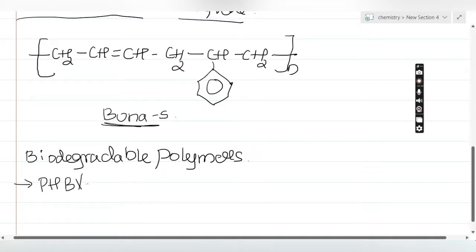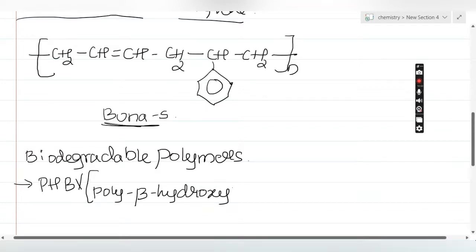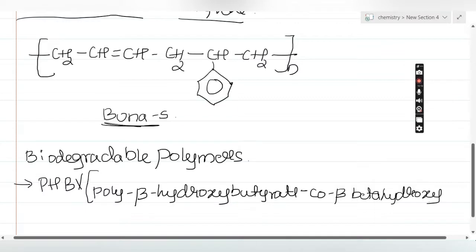And for your syllabus, one of the biodegradable polymers that they have given is PHBV. The long form of PHBV is poly beta hydroxy butyrate co-beta hydroxy valerate.